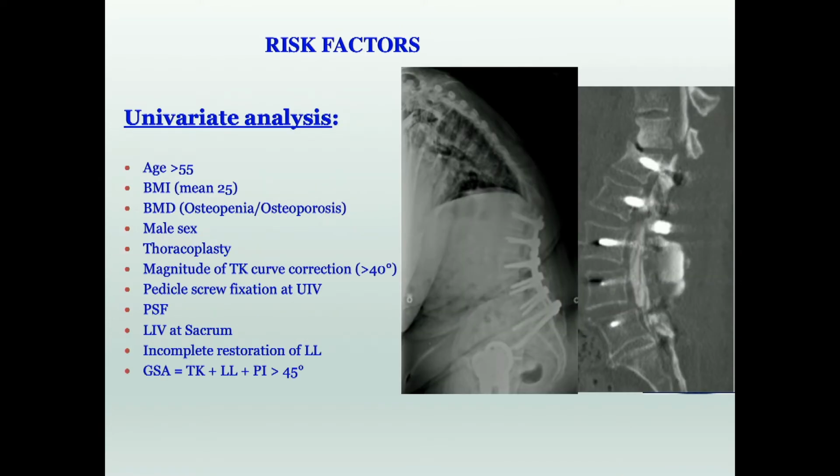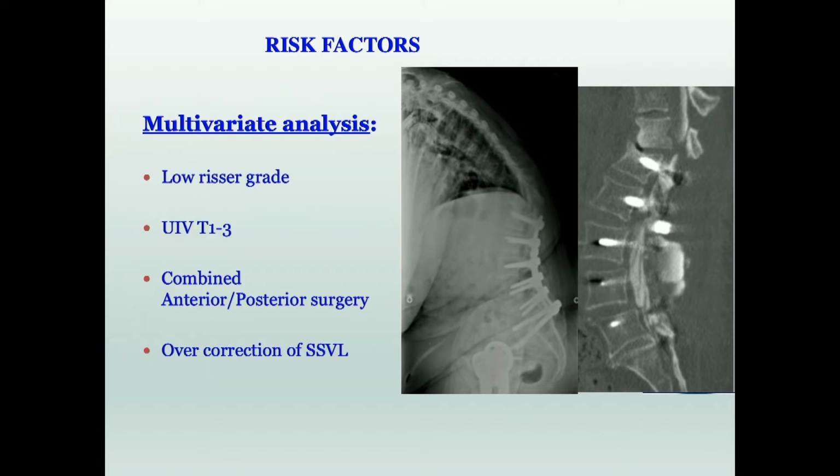Taking a step forward to understand the risk factors for proximal junctional kyphosis, we'll look at the outcome studies. Based on univariate analysis, which as we know is not necessarily the best statistical method, if you review the majority of the published articles, these are the various factors that have been reported as risk factors for PJK: age, BMI, bone mineral density, gender, thoracoplasty, and so on.